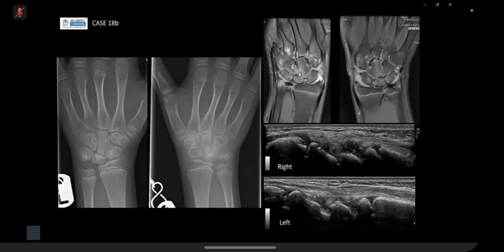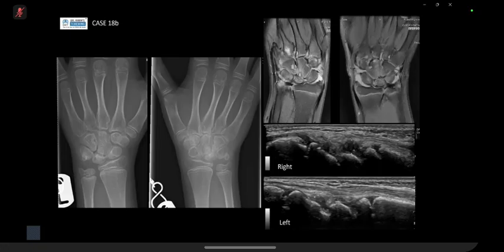At the MRI, there is a joint effusion with multiple bone marrow edema at the carpal bones and at the styloid process of the ulna. There is erosion also and soft tissue with multiple subchondral cysts.